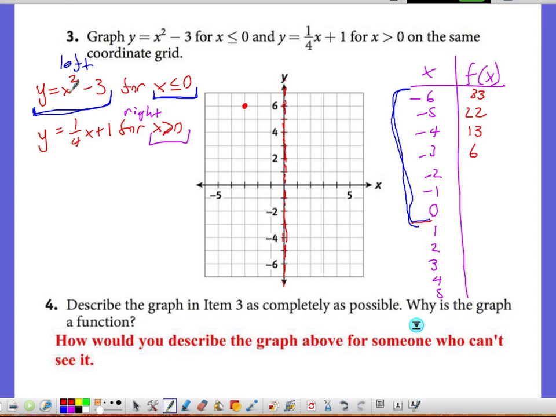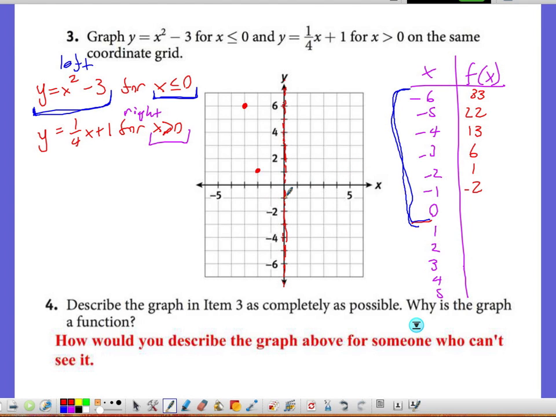Negative 2 squared is 4 minus 3, which is 1. So there's our second ordered pair, negative 2 and 1. Negative 1: negative 1 squared is 1 minus 3. 1 minus 3 is negative 2.